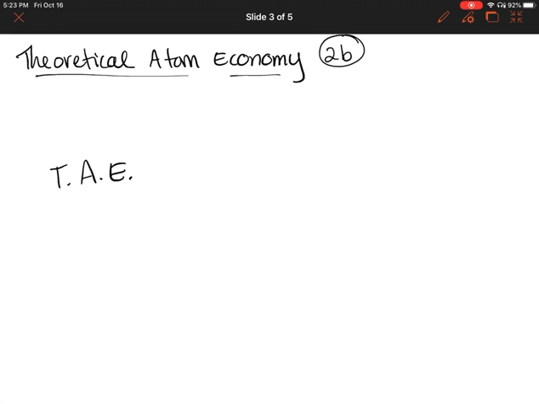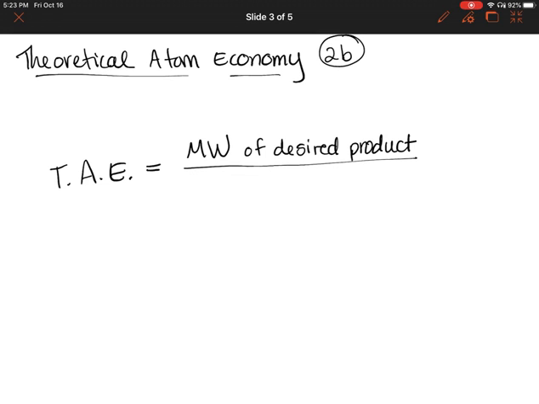So our theoretical atom economy is equal to the molecular weight or molar mass of the desired product. For us, that's dibromostilbene, over the sum, so that Greek symbol means sum, of the molecular weight of the reagents.